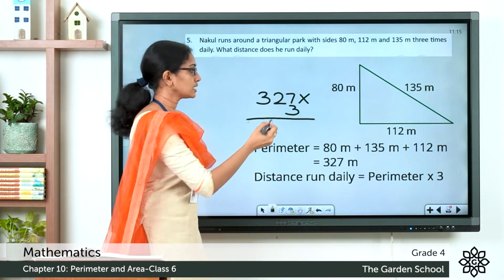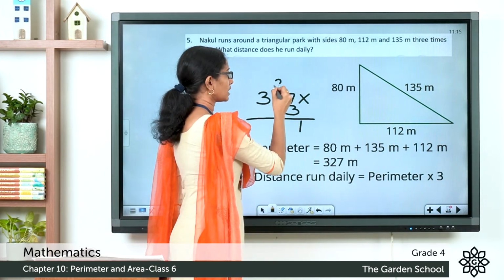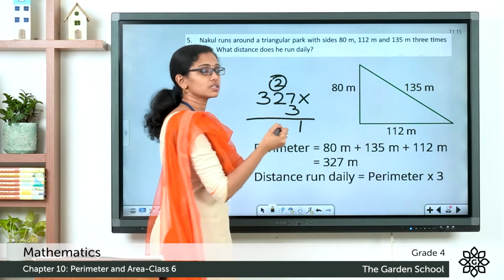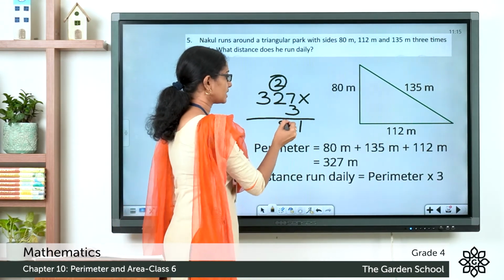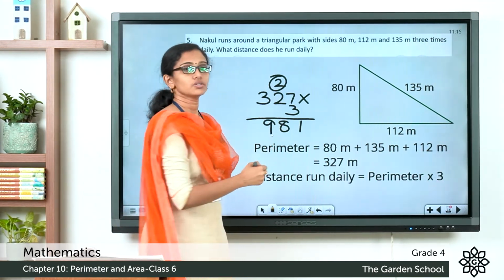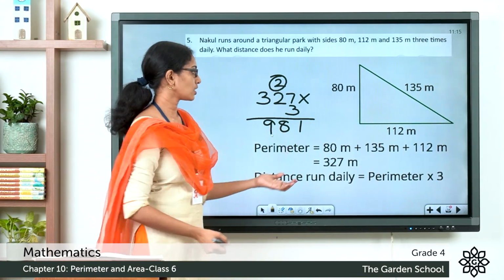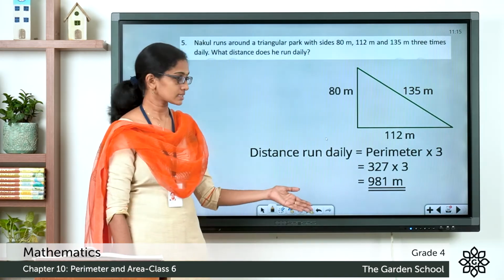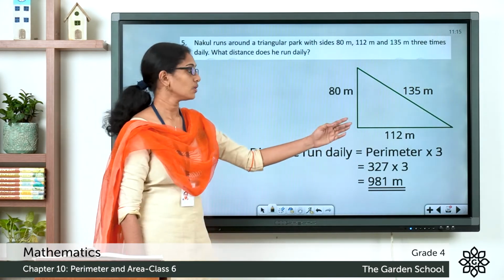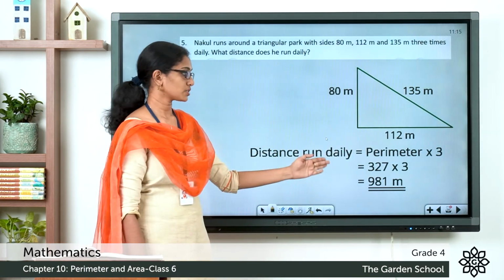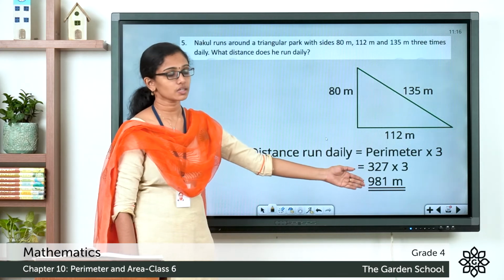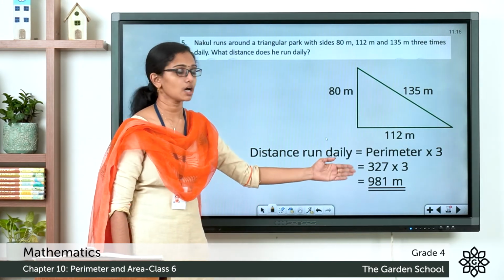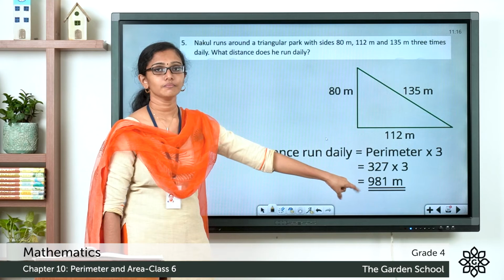And what is it? 7 3s are 21, a carry over 2, 3 2s are 6 plus 2 is 8 and 3 3s are 9. So, that equals a distance of 981 meter. So, the distance he runs daily is equal to the perimeter into 3, which is equal to 327 into 3 and that is equal to a total of 981 meters.